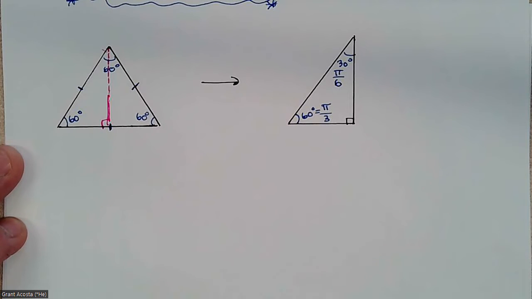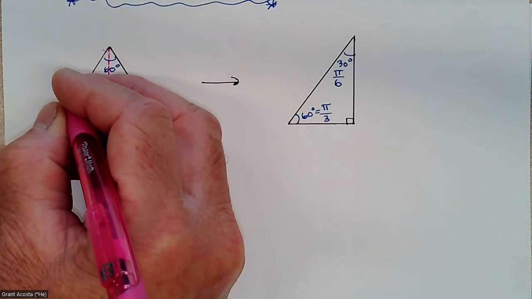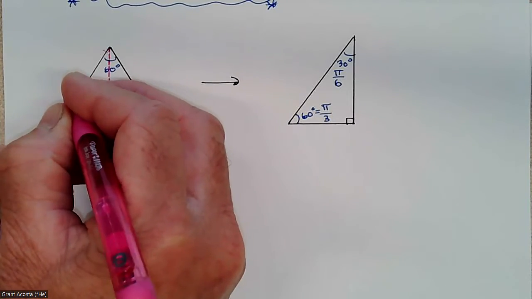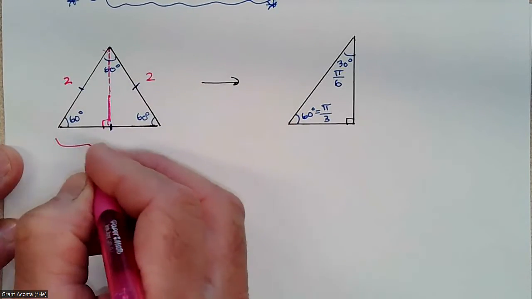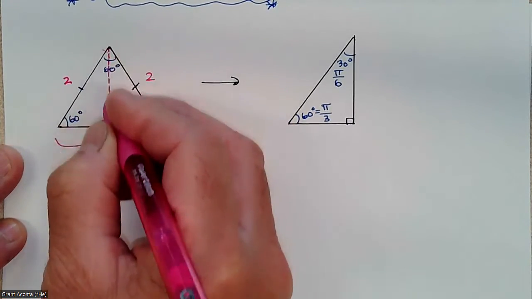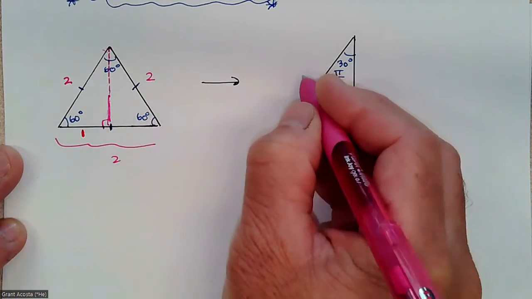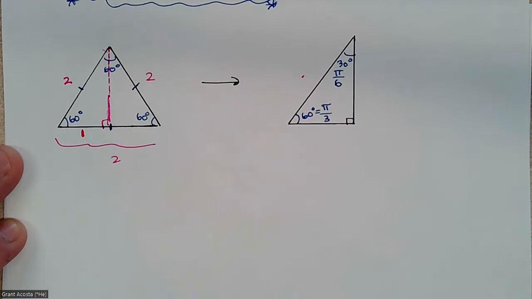For this problem, it's actually easier if I start with each side being 2 before I bisect this. That means if I drop this altitude down, this is going to now be 1. So I have this being 2, maybe I'll stick with blue.